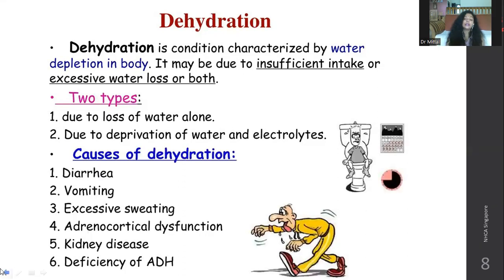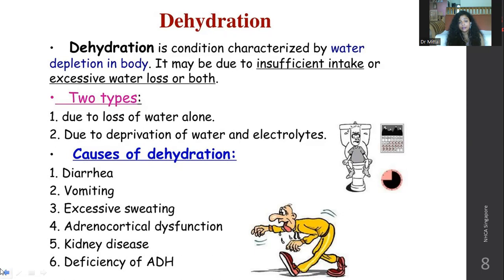So causes of dehydration: diarrhea, vomiting, excessive sweating, any adrenocortical dysfunction, that is your adrenal glands which are on top of the kidneys. If they have any dysfunction, they will not secrete the aldosterone, or even if the renin is being secreted by the kidneys, aldosterone will not be produced.